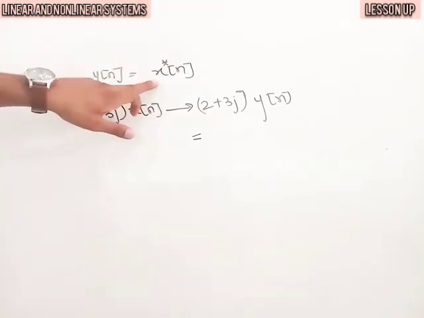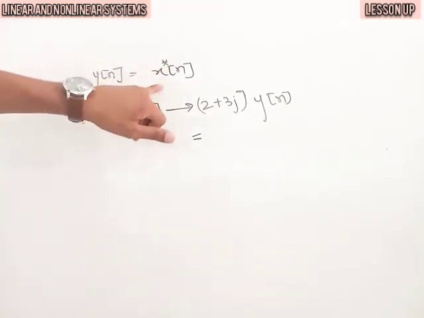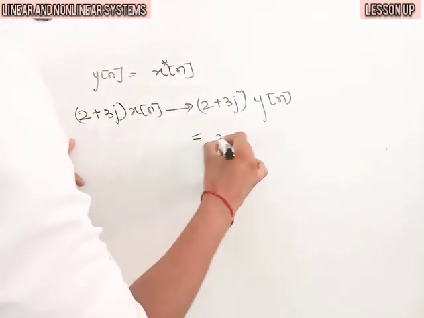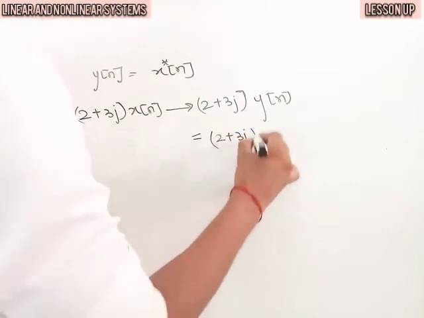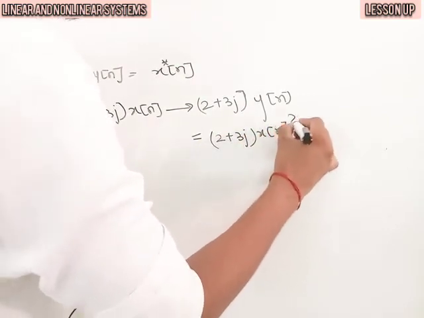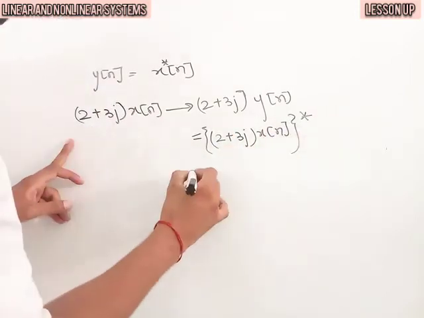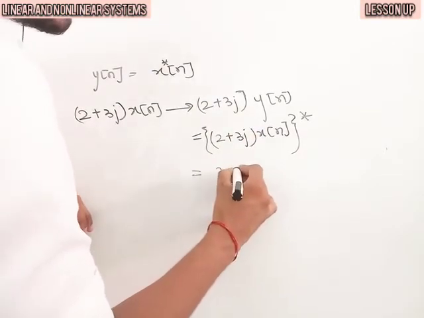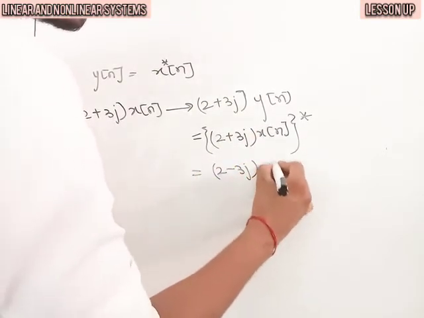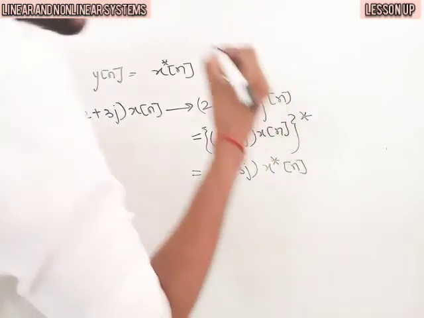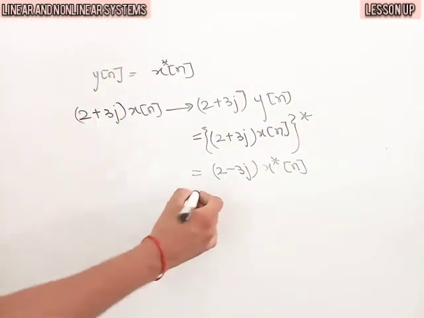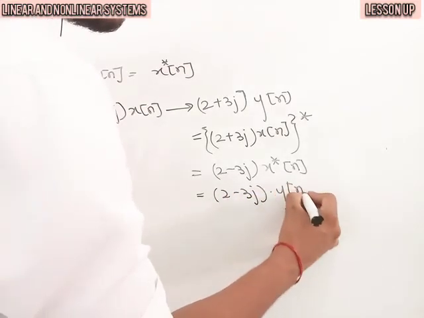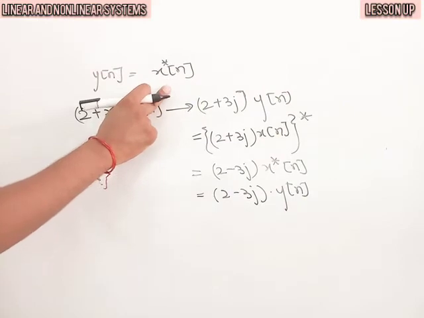With x of n input, you get output which is a conjugate of input. So, if you give this input, what should be the output? Output should be 2 plus 3j x of n conjugate. If you apply conjugate here, you will get 2 minus 3j x conjugate n, and this will give you 2 minus 3j into y of n, because x conjugate n is y of n.